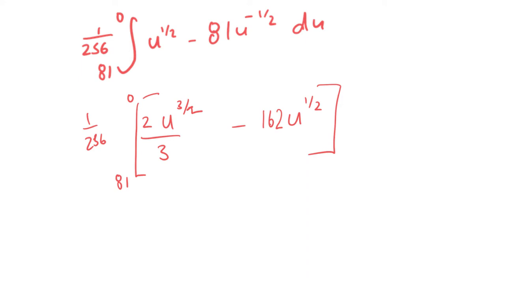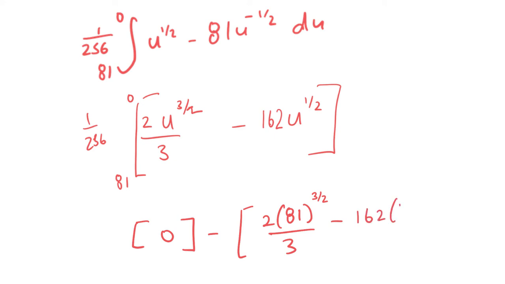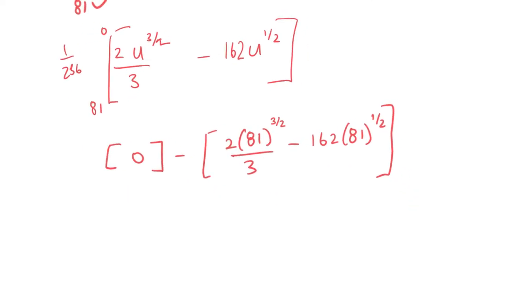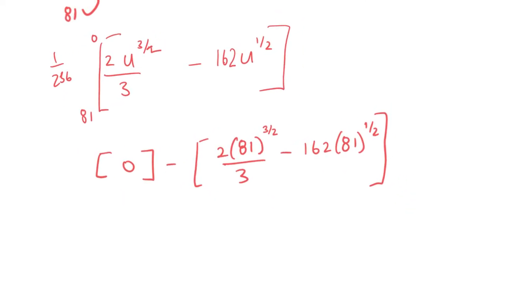So 2 lots of 0 over 3 minus 162 lots of 0. Is everyone happy we're going to get 0? I believe so. Minus 2 lots of 81 to the power of 3 over 2 divided by 3 minus 162 lots of 81 to the power of a half. And then we multiply all of that by 1 over 256. So let's actually see what we get.